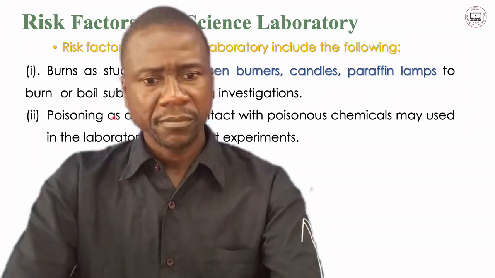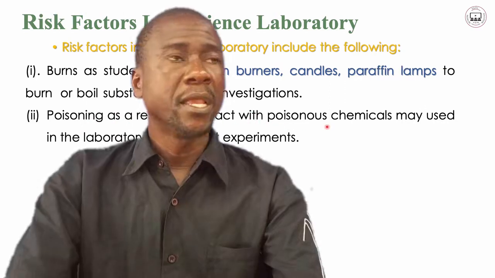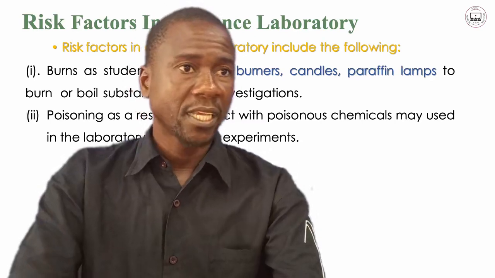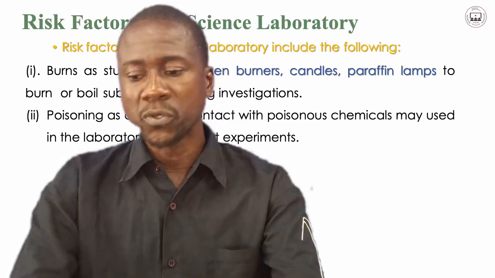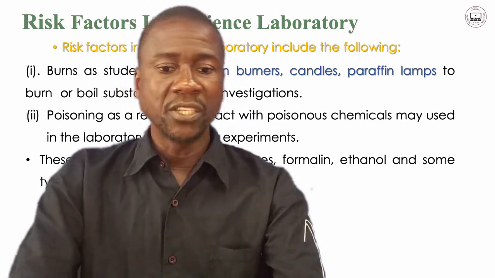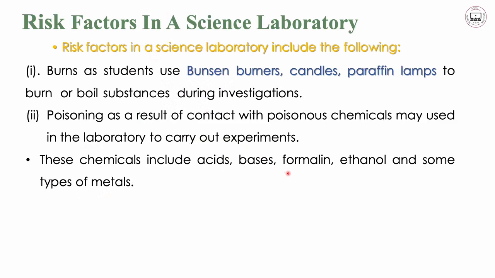Two, poisoning. This is a result of contact with poisonous chemicals, which may be used in the laboratory to carry out an experiment. Such things might also cause other risks in the laboratory. These chemicals might include acids, bases, formalin, ethanol, and some types of methanol.